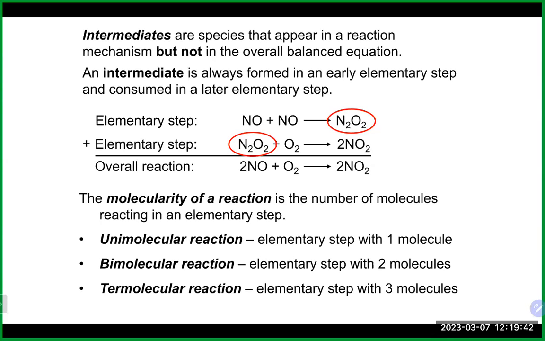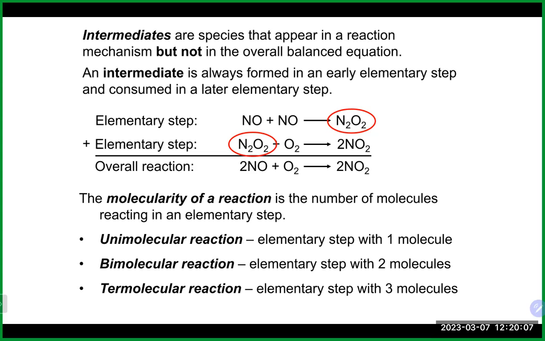So they get made early on, they get used up, they're no longer there when the reaction is done, and those are what are referred to as intermediates. So in our previous example, the N2O2 was made early on in the first step, then it was completely consumed in the second step, and when we look at the overall reaction, it is not there, and that is the definition of an intermediate.